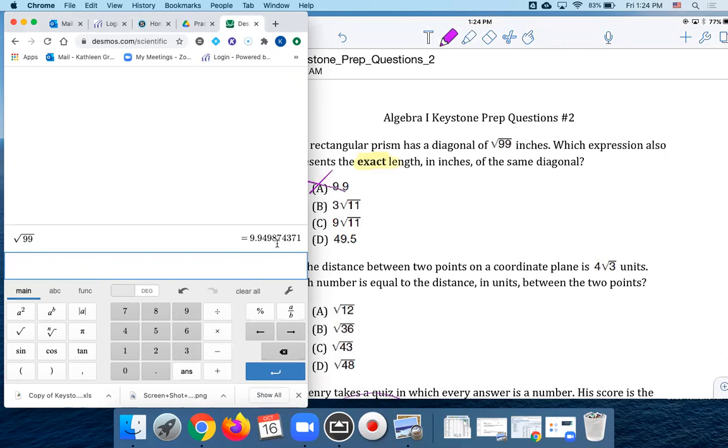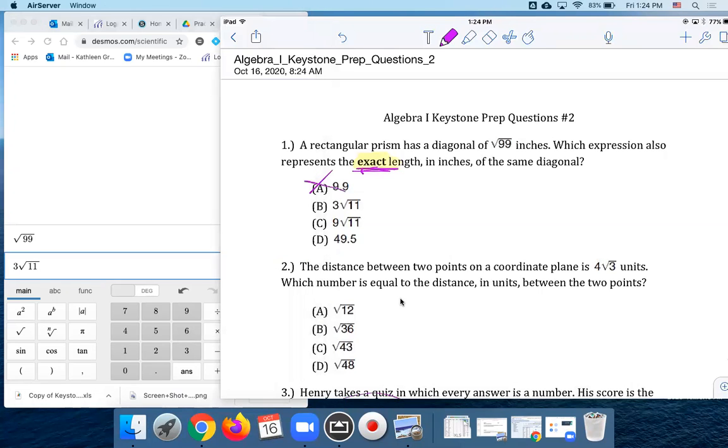And if we rounded our number, we would get 9.9, but the key term is exact. So what we need to do is go through our answer choices and figure out which one exactly is the same decimal. So I'm going to do my 3 square root of 12, and then I can stop because these are exactly the same. So for number 1, it should be letter B.